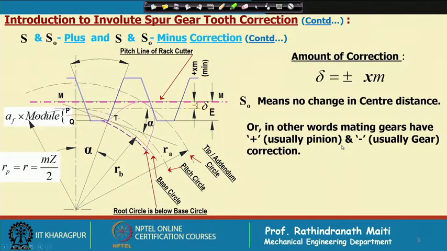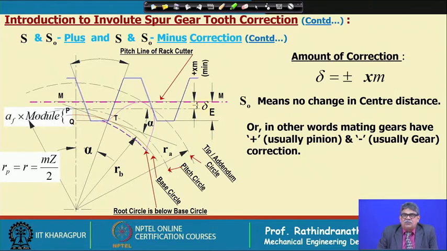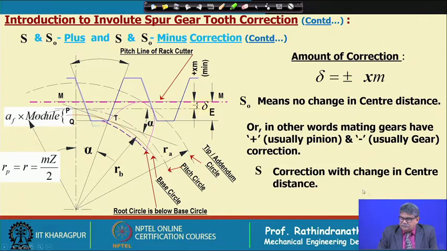In case of center distance change, which we call S corrections, it might be anything: pinion is corrected, gear is not, both gear and pinion corrected, both given plus correction, both given minus correction, etc.